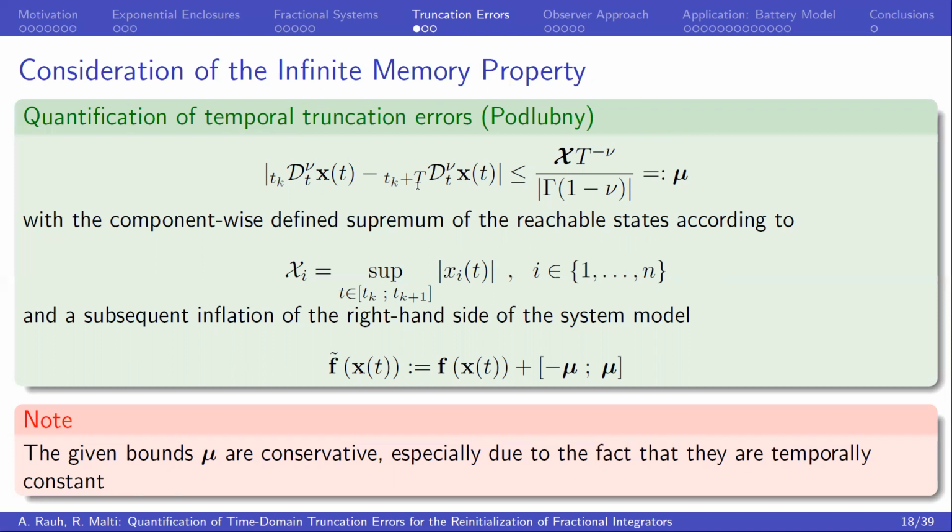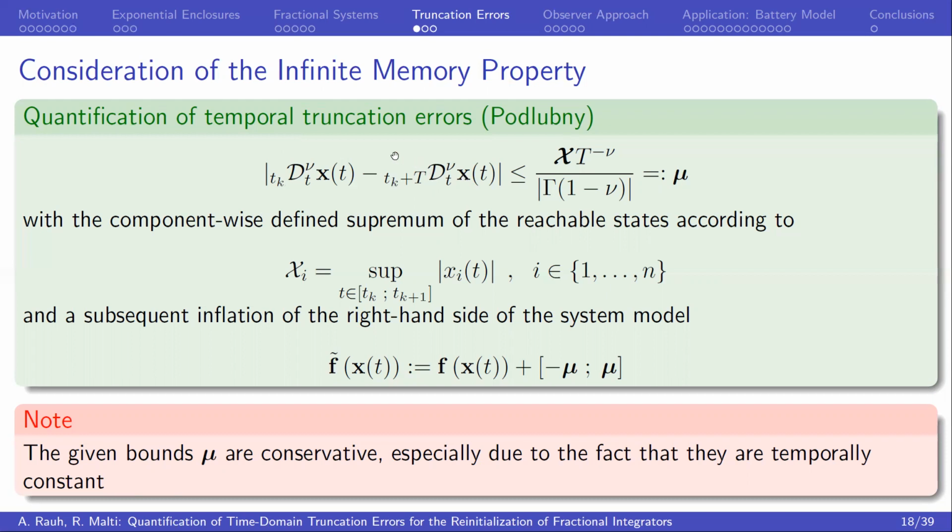If we take this expression for temporal truncation errors into account, we can reinitialize an integrator that was originally initialized at the point of time tk, for example, the point t equal to 0.